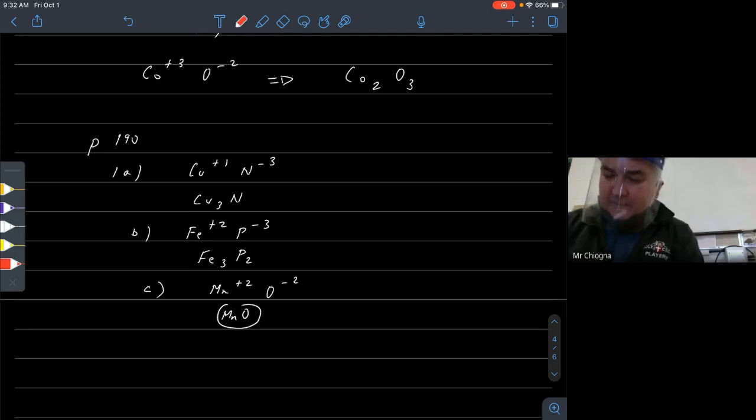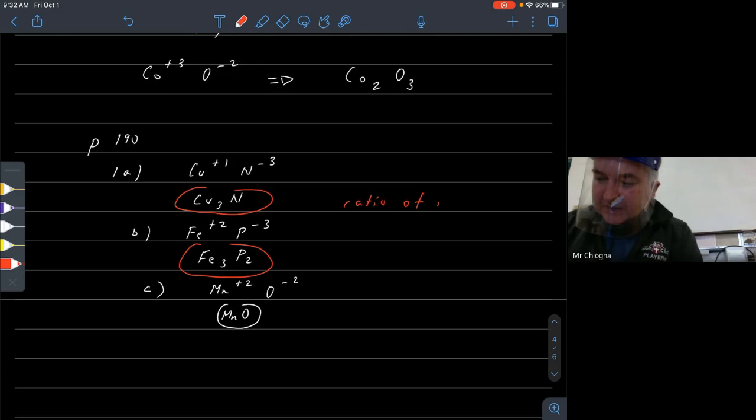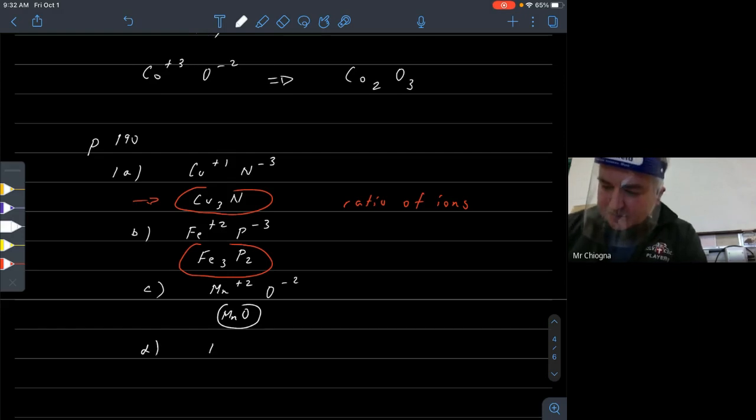What is each of these? These are called formulas. Again, they're telling us the ratio of ions. I keep repeating myself, but that's not a bad thing. Ratio of ions. You need the first one, 3 copper for every 1 nitride. Okay, notice different type of manganese, 4 compared to 2.